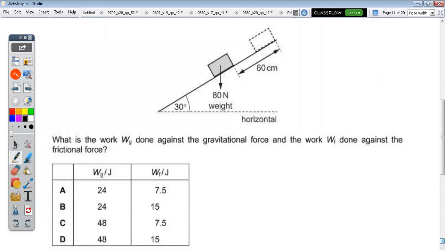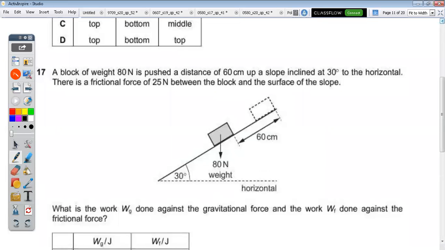Frictional force. Are we pushing it down or up? Up, huh? Pushing it up the slope. So if we are pushing it up, friction is where? It's this one, right? Moving in this way. This is the work done against friction.